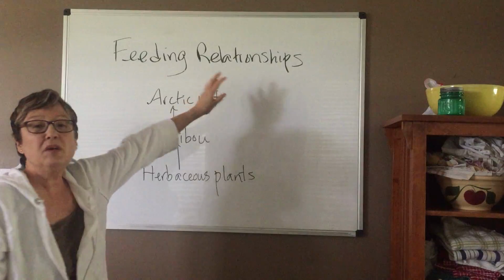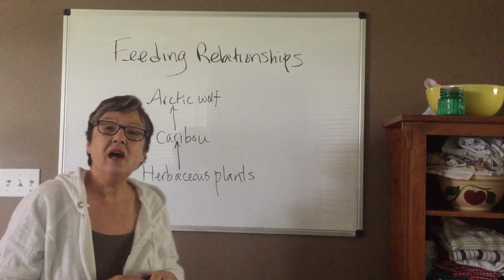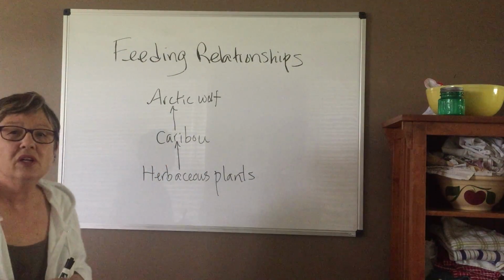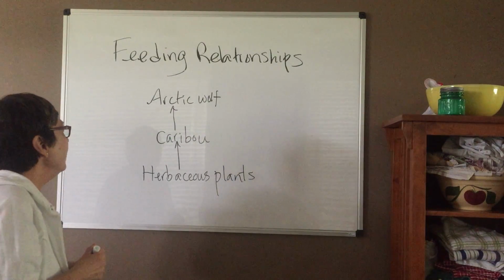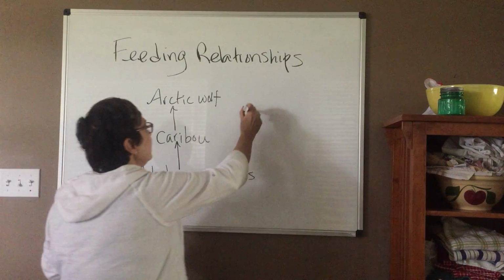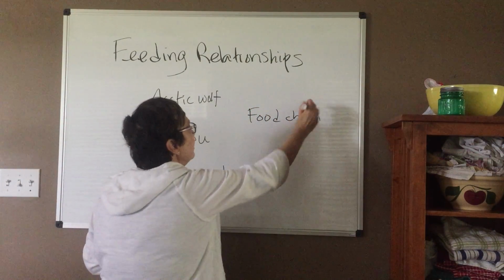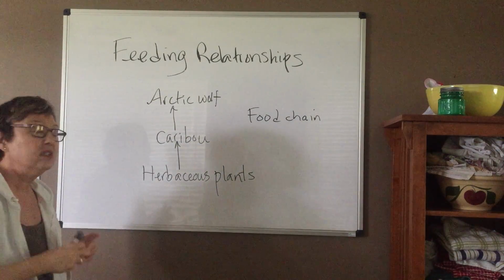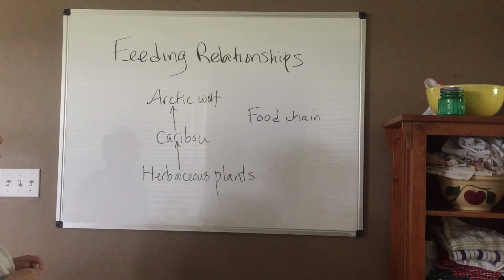Let's talk a little bit about feeding relationships in ecosystems and how ecologists and other scientists try to study and analyze those relationships. The simplest way is to isolate a simple linear relationship between just a few members of a community or ecosystem.